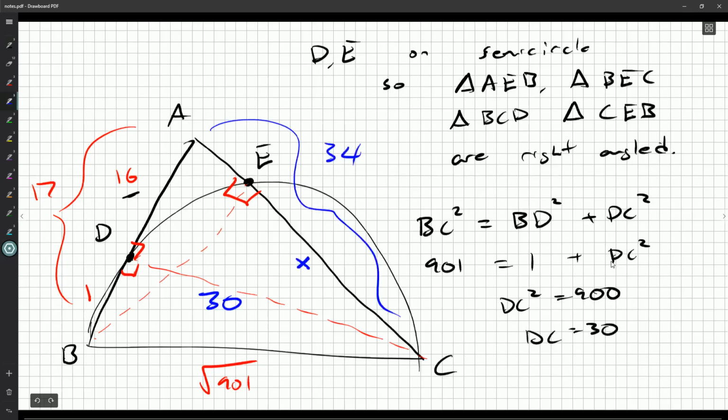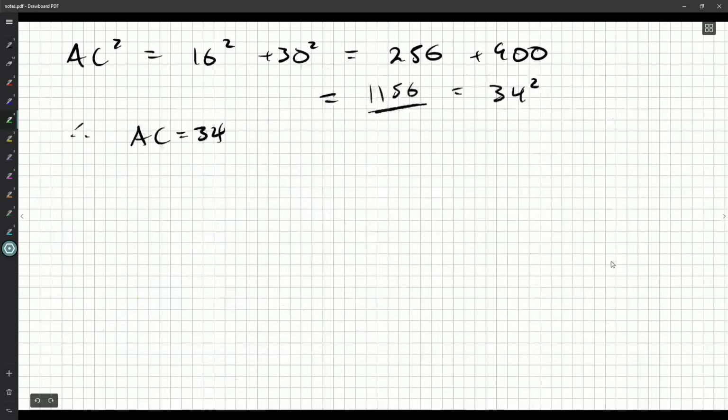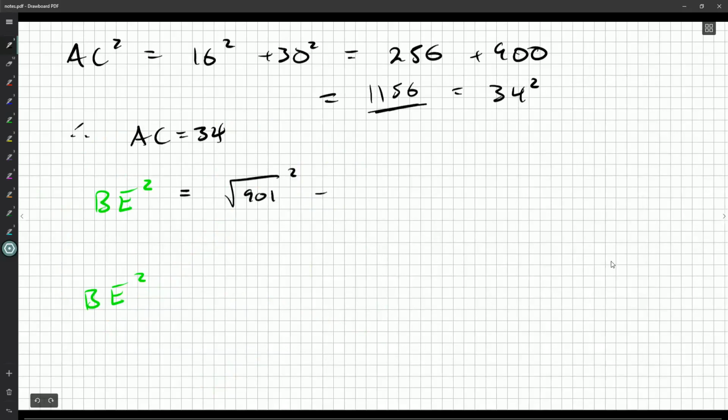Let's go back to our picture, and we have a total of 34 here. Now we want x. Well, that means we get 34 minus x is left over here. And then I think BE is the key. We can calculate BE in two different ways. One triangle with a hypotenuse of 17, the other with a hypotenuse of root 901. So BE squared is equal to root 901 squared minus the x squared on the leg, and also 17 squared minus 34 minus x squared.